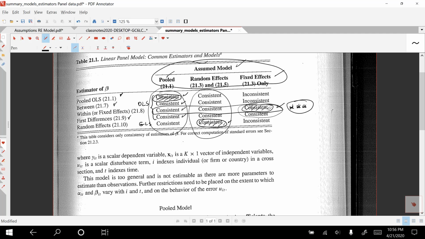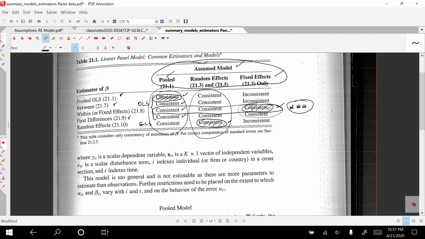Now, during the lab, we will learn how to test to explore which is the true model. All these derivations have been done from the perspective that we know the true model, but we don't know what the true model is, and that's what we're trying to find out.